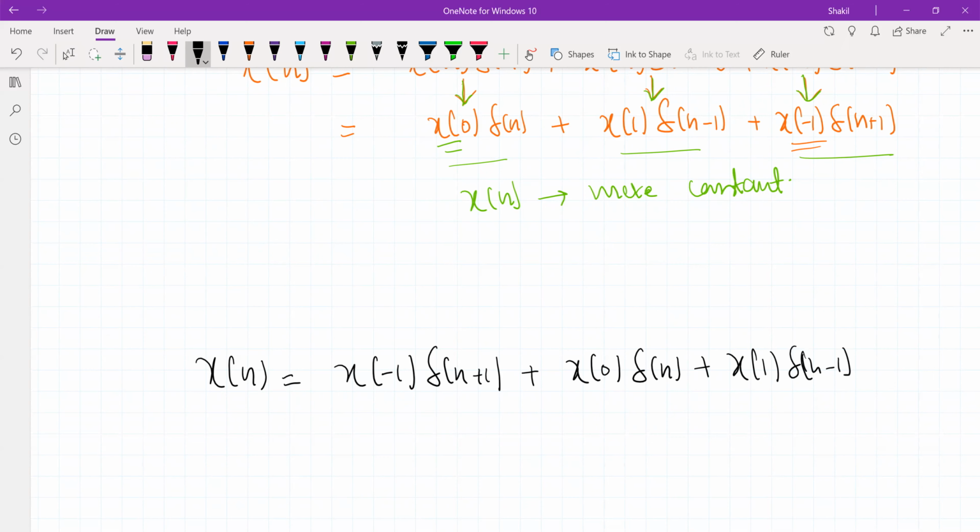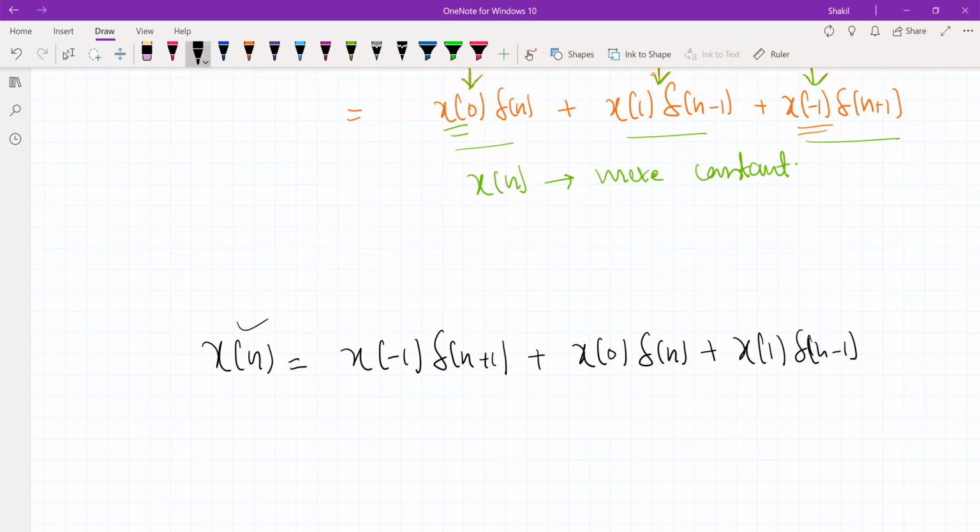See, x of n has only three non-zero samples. If it has more non-zero samples, you can sample those values by multiplying it with the corresponding shifted delta function, right?